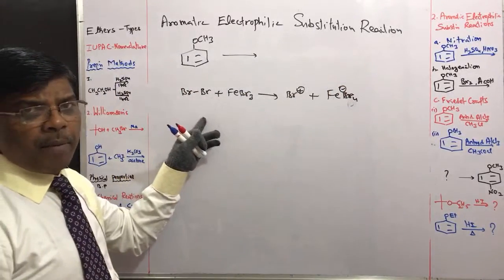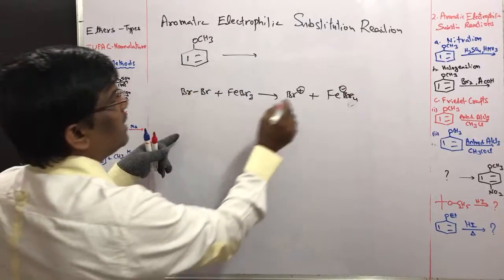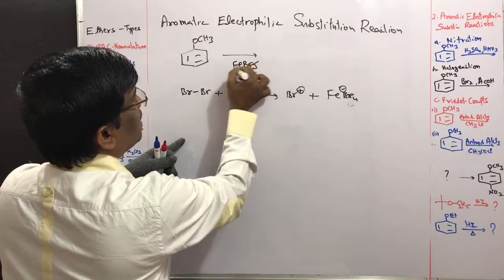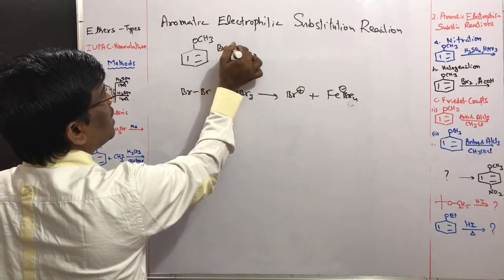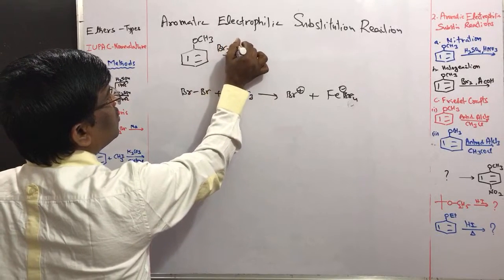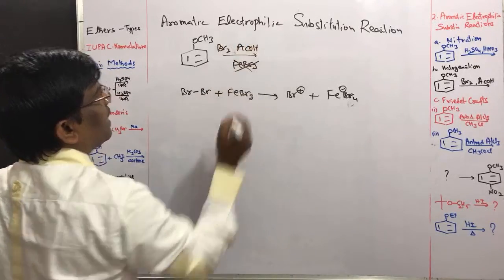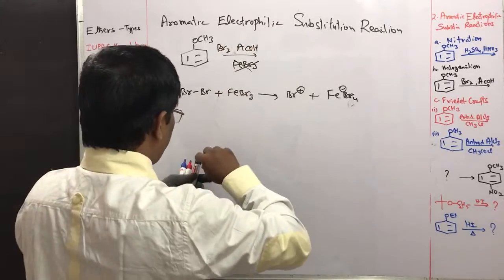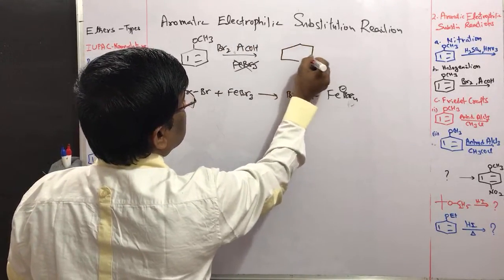So this is the usual pattern, but this is a highly activating group. So in this case ferric bromide is not required. Simply take bromine in acetic acid, as a solution, and bromination will take place.